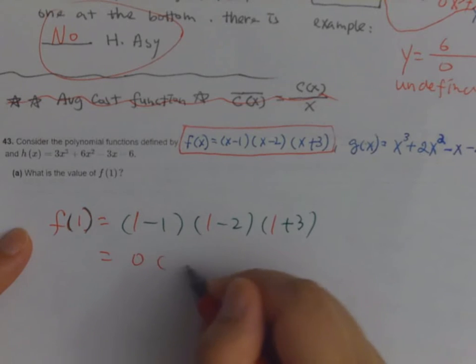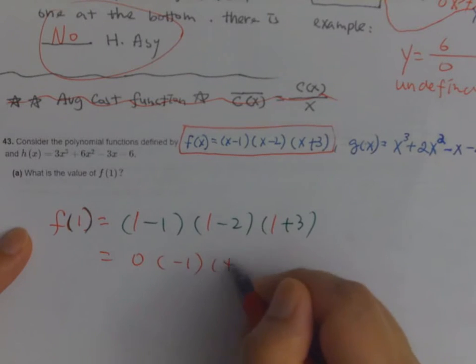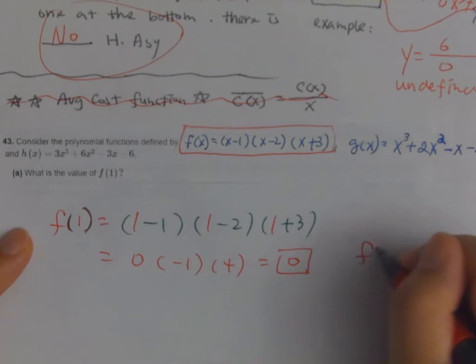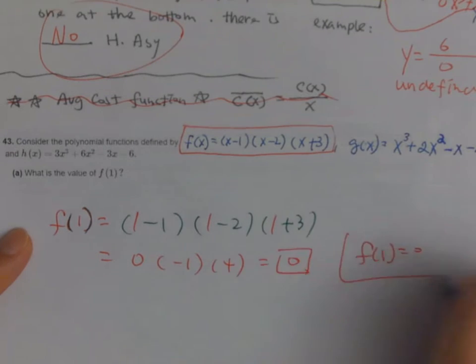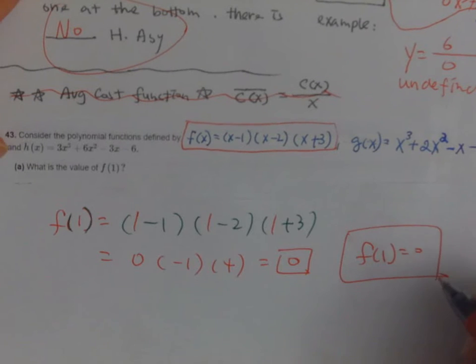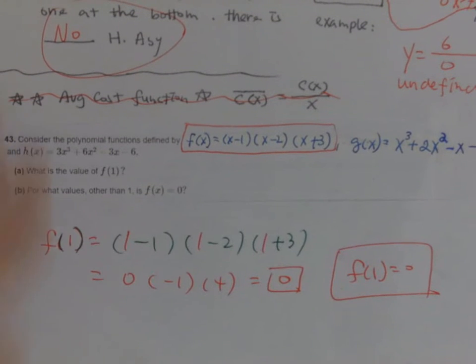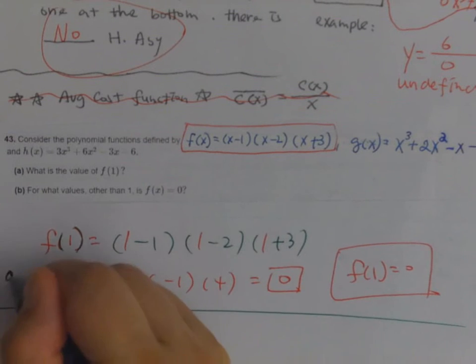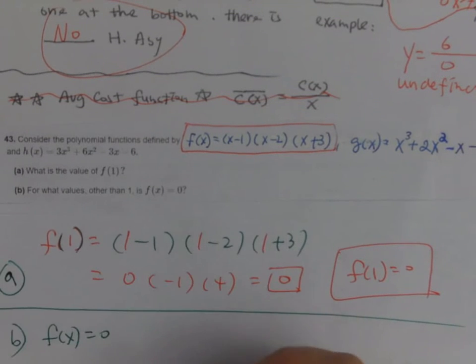This is 0 times negative 1 times 4, so it just equals 0. So for A, f of 1 equals 0 is my answer. Are we okay? The next question asks: what is x when f of x equals 0? So f of x now equals 0. This is A. Let's do B.